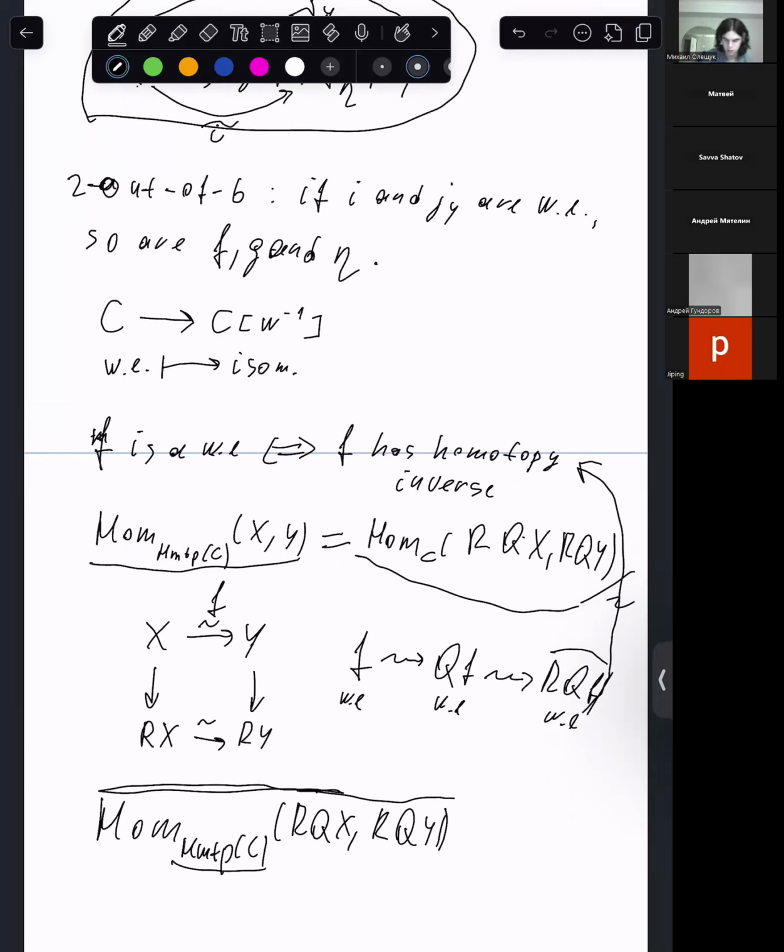So I think what we get from this statement is that only weak equivalences go to isomorphisms.